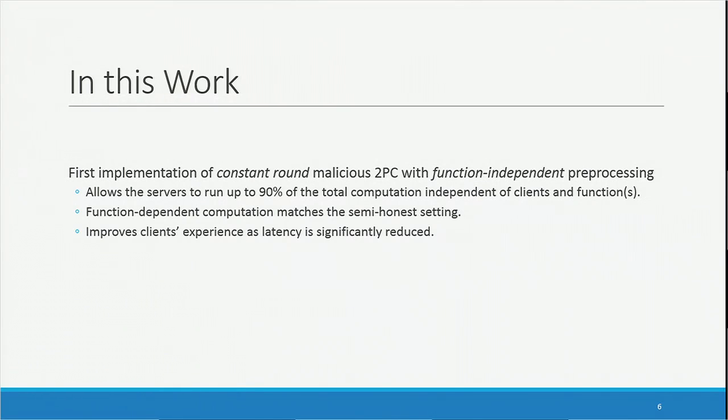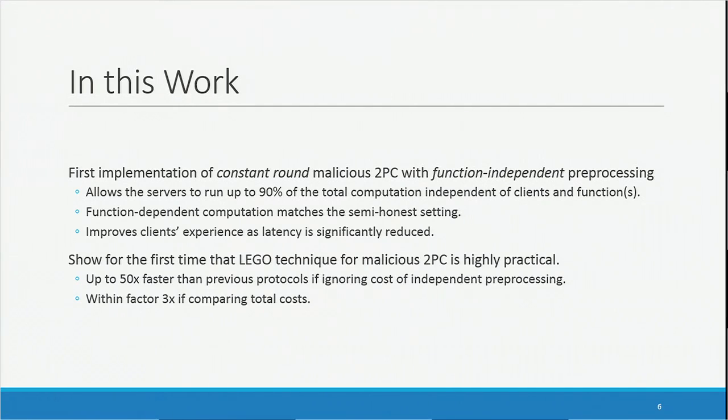The following function-dependent phase in this protocol matches the semi-honest setting for secure two-party computation, so it's much faster. And therefore the clients' experience is very much improved because they don't have very high latency. They send their inputs, the computation is very fast, and they get their outputs back.